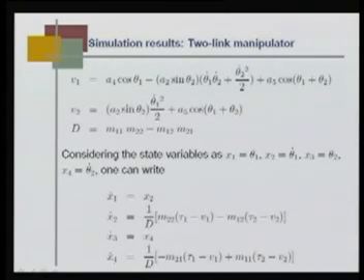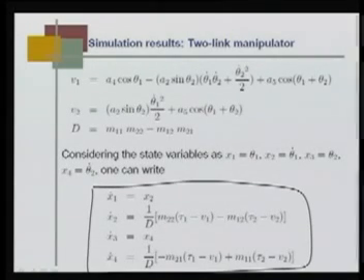Similarly, x4 dot is in this format: 1 upon d times minus m21 (tau 1 minus v1) plus m11 (tau 2 minus v2). So, you see that, as we said in the beginning of the class, some systems can be represented in this particular form.